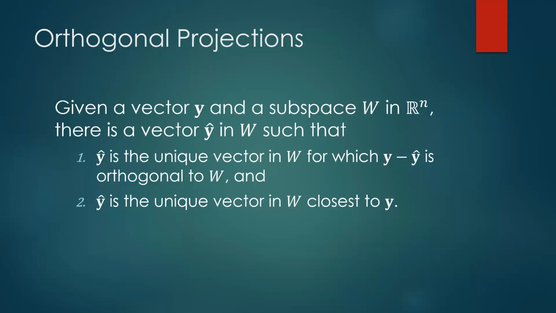Recall from class that if we have a vector y and a subspace W in Rn, then there's a vector y hat in that subspace such that y hat is the unique vector in W for which y minus y hat is orthogonal to the space W, and y hat is the unique vector in W that is closest to the given vector y.